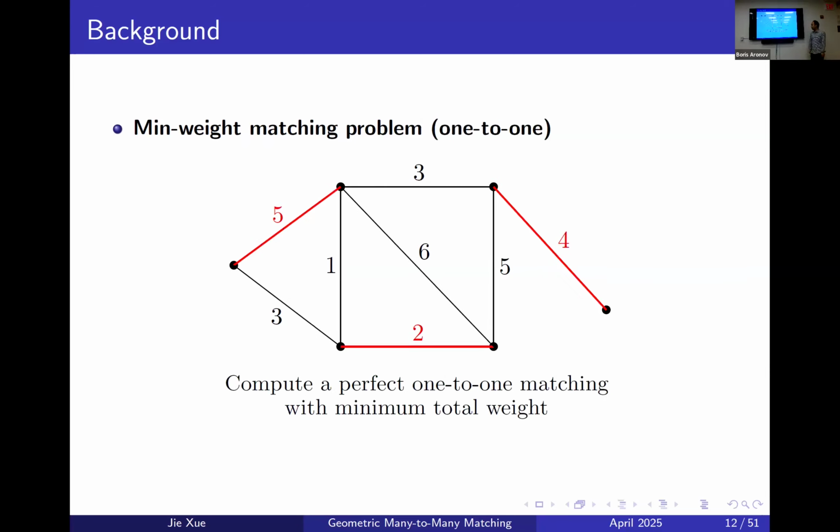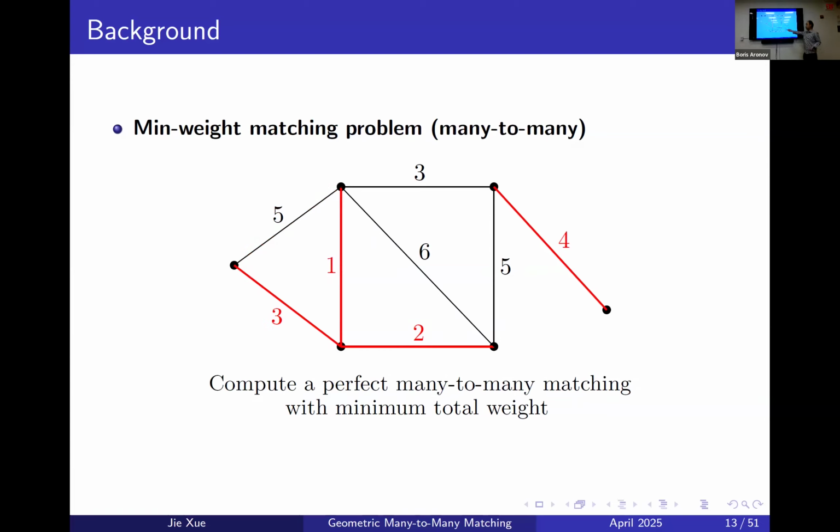So for one-to-one matching, you want to find a one-to-one matching with minimum weight, which is called the minimum weight one-to-one matching problem. And again, for many-to-many matching, you can ask the same question: can you find a set of edges which cover all the vertices in your graph, whose total weight is minimized?